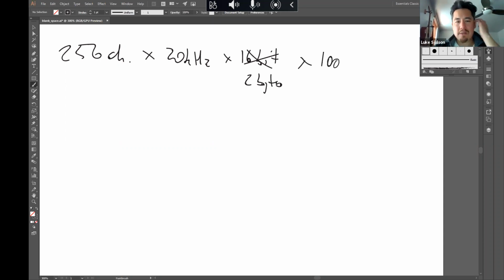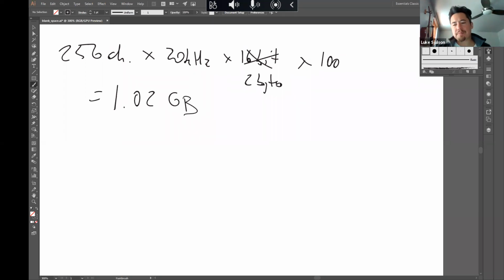So then that is, let's see, 256 times 20,000 times... So that would be 1.02 gigabytes. Well, approximately, right?